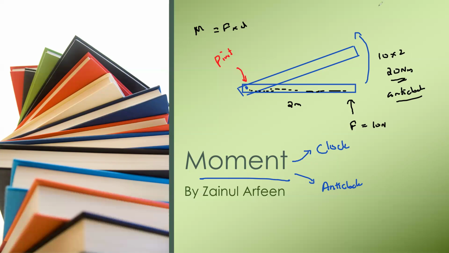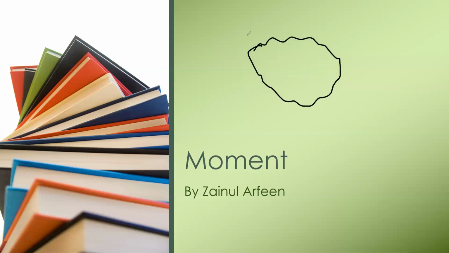So if we apply a force on the object, the force F is applied. And here is a pivot, a point of rotation. And we have different distances given in the question.